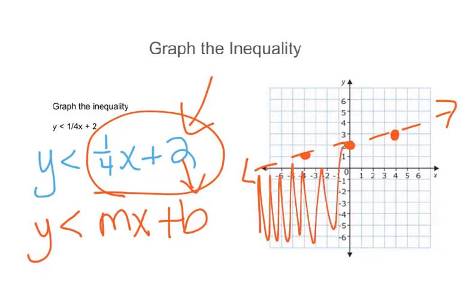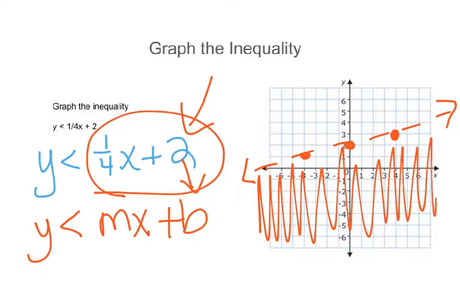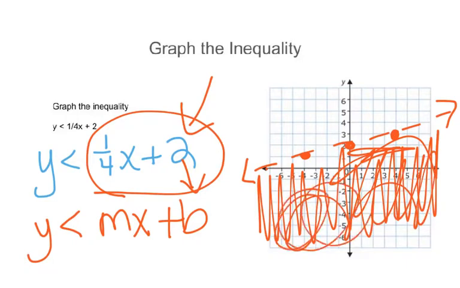And what this means is that the answers to this inequality are all these ordered pairs that I'm shading. So for instance, 2, -2, right here in the yellow. That is a solution to this inequality.